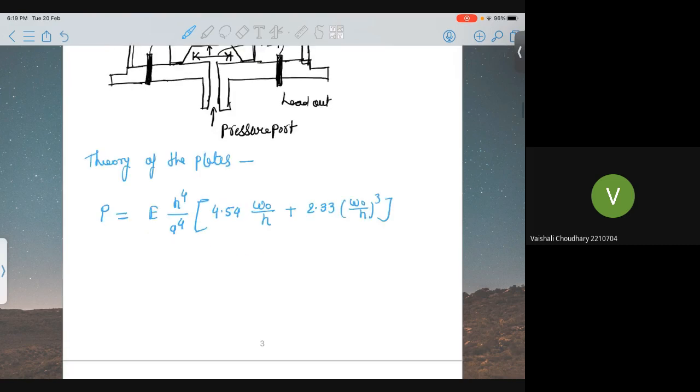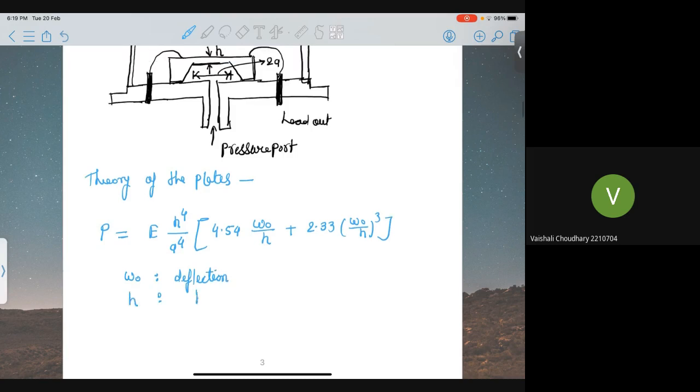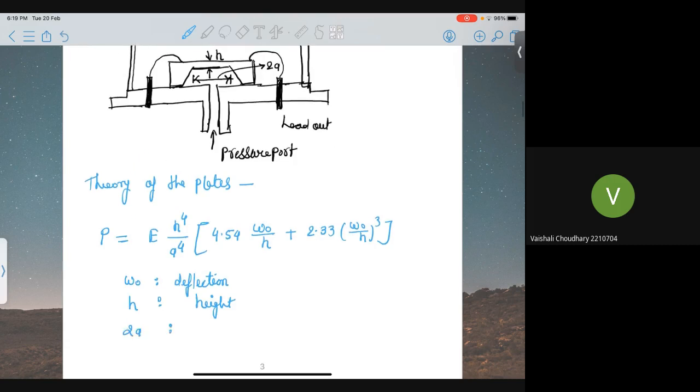Where W naught is nothing but the deflection. h is, as we can see in the diagram, the height. 2a is the total length of the plate.